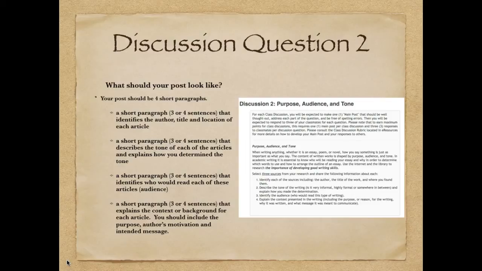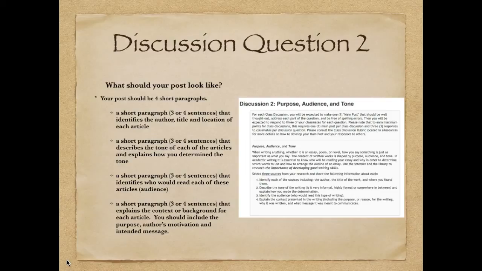The second short paragraph describes the tone of each of the articles and explains how you determine the tone. You can determine the tone based on the choice of words that are used. If they're words that are used mainly in a professional setting, or if they're words that are used mainly in a social setting, you determine.